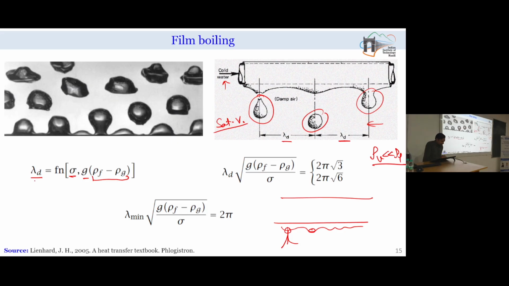If I perform the dimensionless analysis, I will find that lambda d into the square root of g (rho f minus rho g) by sigma is equal to some constant. Typically the value of this constant is observed to be 2 pi root 3 for one dimensional waves, and 2 pi by root 6 for two dimensional waves.